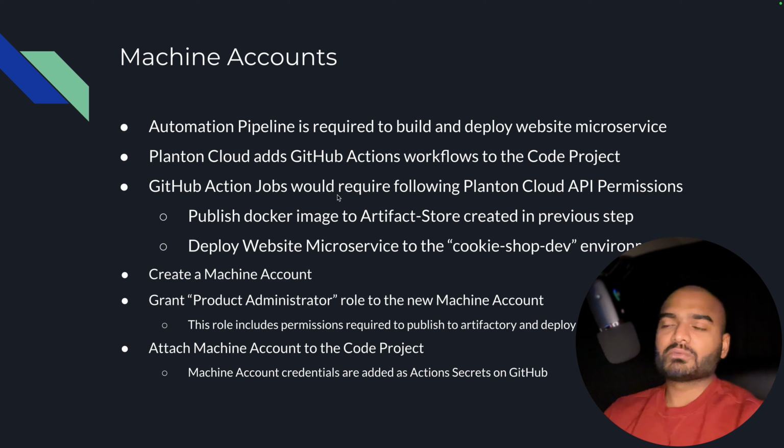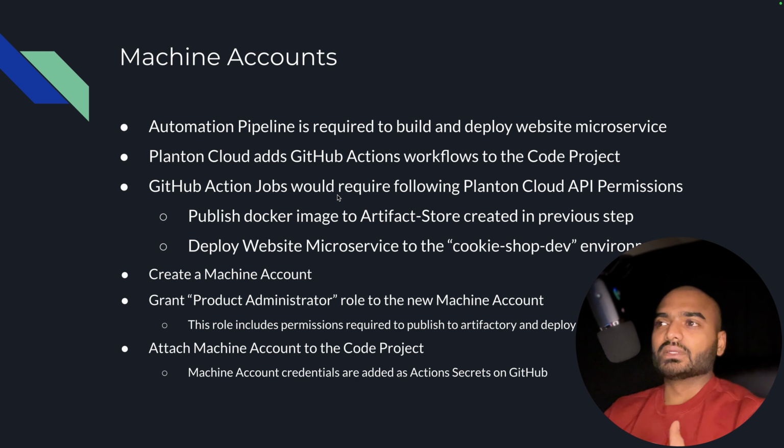Now, this part is probably going to be slightly difficult to understand, but the reason for creating machine accounts is basically that Planten Cloud is going to set up automation pipelines to automatically build and deploy your website microservice to the product environment that we have created.